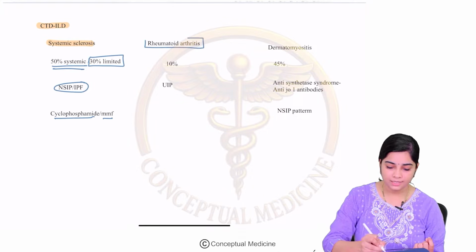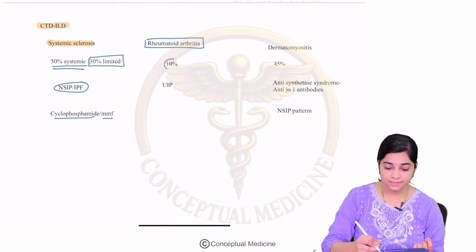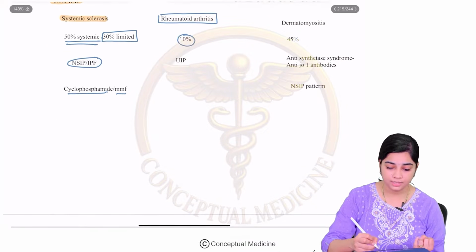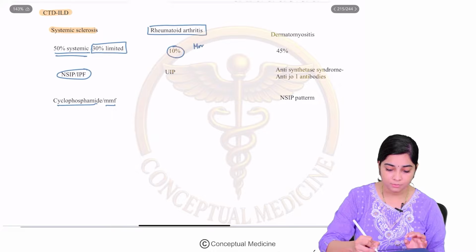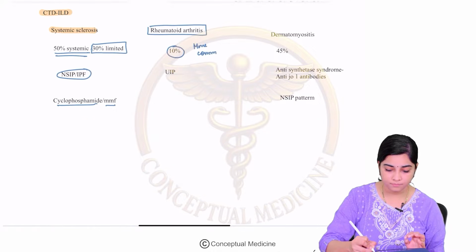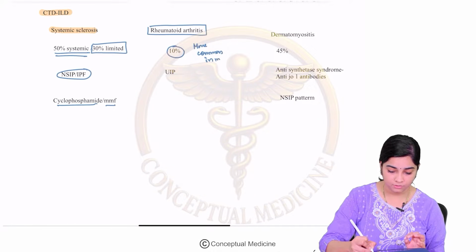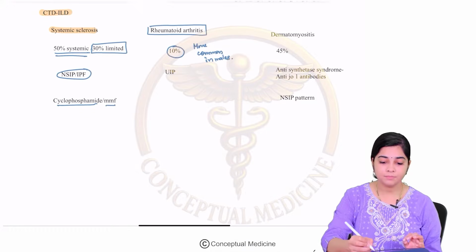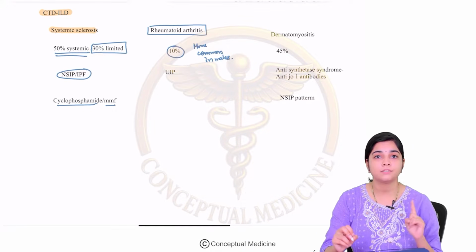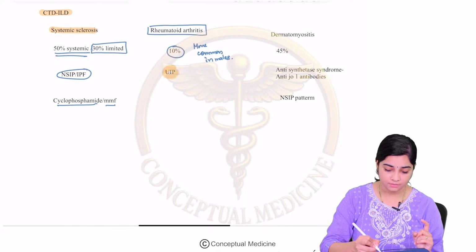Then RA-ILD. RA-ILD is seen in 10% of patients with rheumatoid arthritis, and we have learned that it is more common in males. And remember, this is one connective tissue disorder which is associated with a UIP pattern. Very, very important.